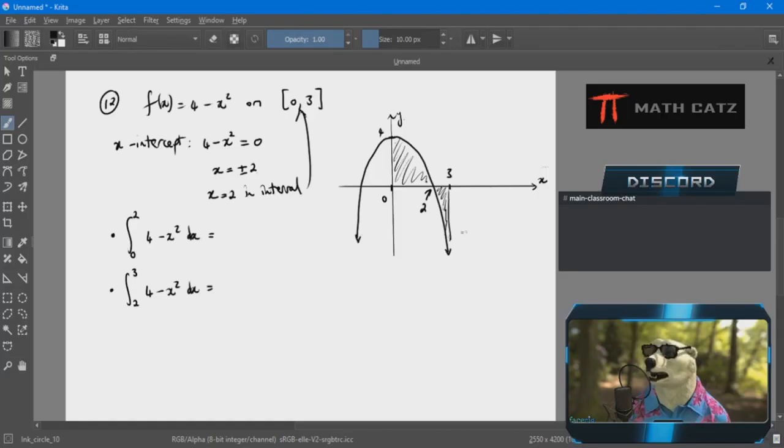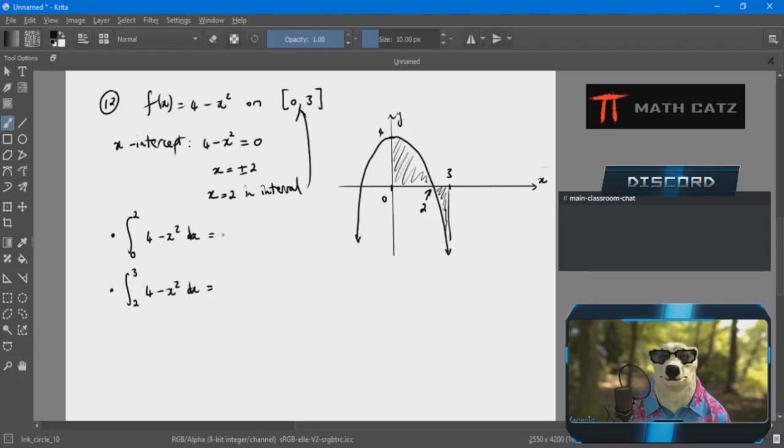But even if I don't see the graph, because the function might be too complicated for me to worry about that, some of these answers are going to be negative and some of these are going to be positive, which just confirms the fact that I have to split them up to avoid that cancellation, if the calculation is done all at once.